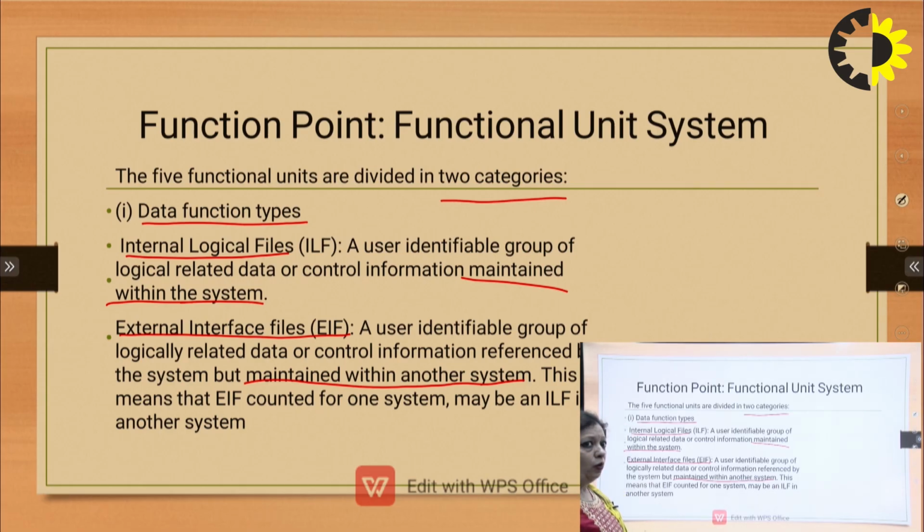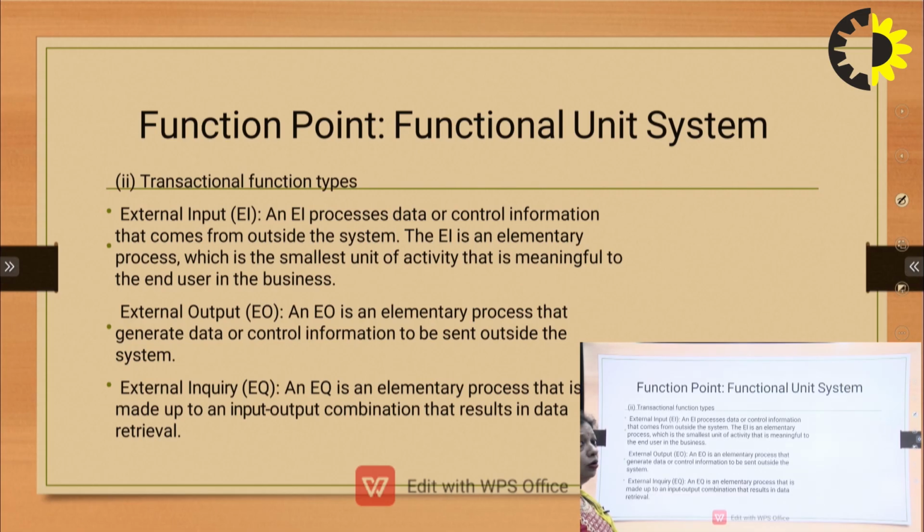So actually what we have done here, we have divided the 5 major functional units which we had already discussed into 2 categories. This is the first category, the data function types. Now the second category is transactional function types. The transactional function type includes external input, that is the information which is being given to my system. Then the next one is external output, that is the information which is leaving my system and going to the user.